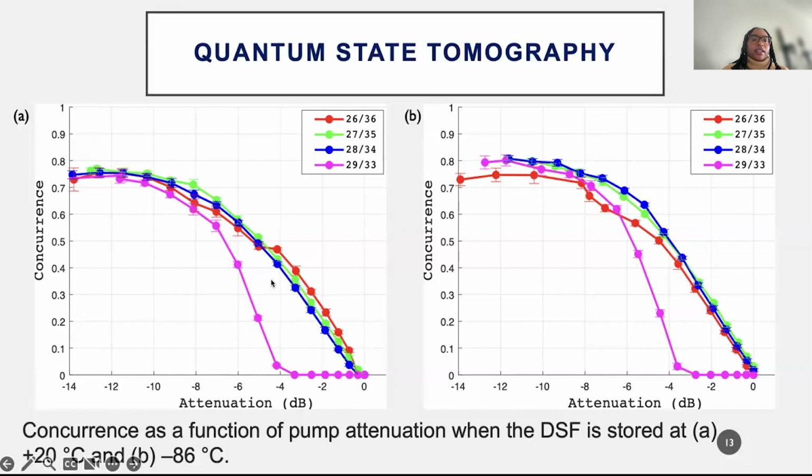This is because of the noise photons I mentioned earlier, but more specifically due to self-phase modulation. The decrease in concurrence is the greatest for the innermost channel, the purple one, 2933, because as I mentioned earlier, as we predicted, it has the smallest detuning from the pump, so it's getting the most leakage. As the power increases, the concurrence decreases. This is what we can tell from these plots.